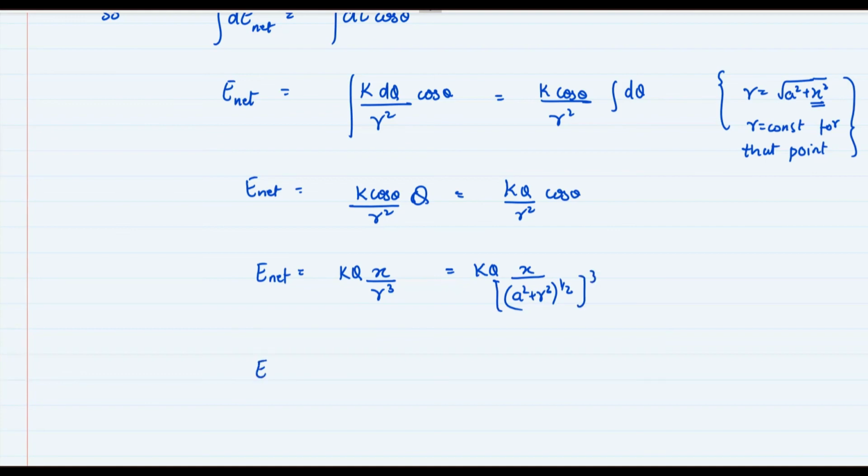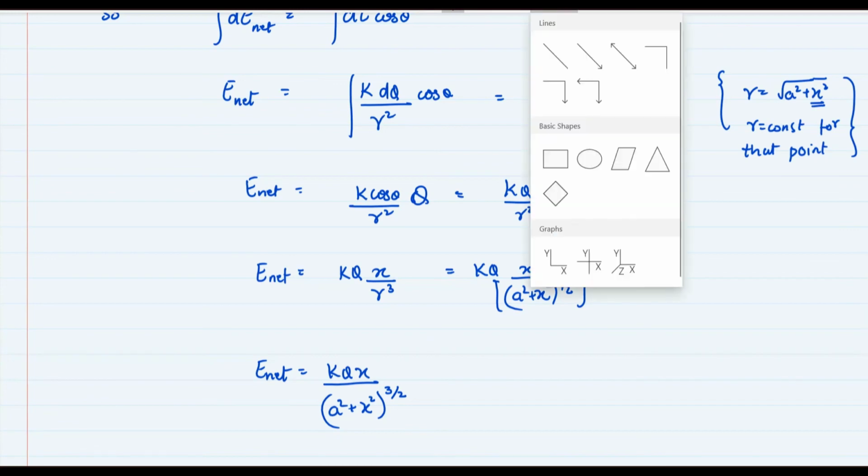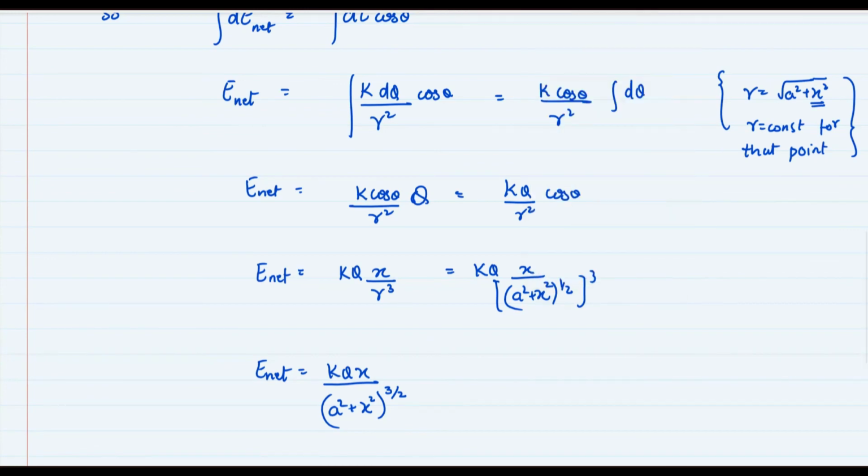So E net will become kqx upon (a square plus x square), sorry, this is not r square, this is x square, to the power 3 by 2. This will be the electric field at a point which is at a distance of x from the center of the ring, and the electric field will be along the x-axis.